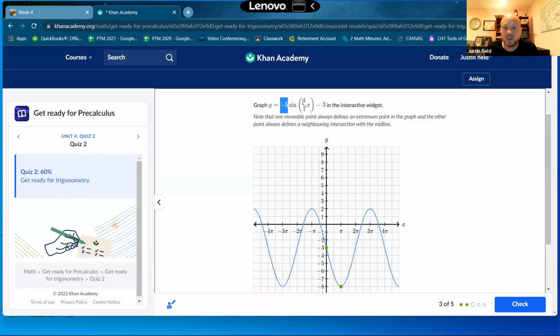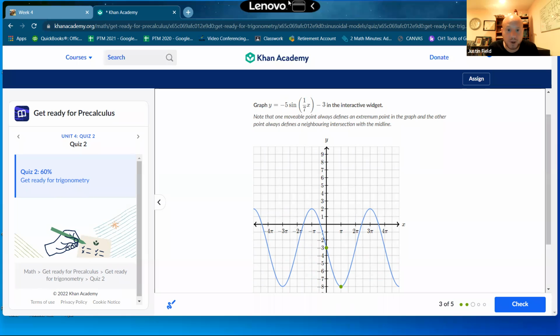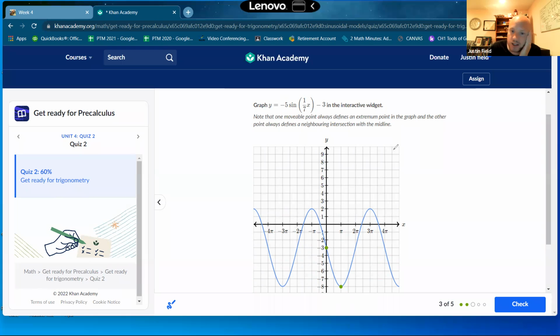It's a sine function, and so 1/7 is our b value. So we need a period. What is the period? Well, we know that 2 pi over the period equals the b value, and we know the b value is 1/7.